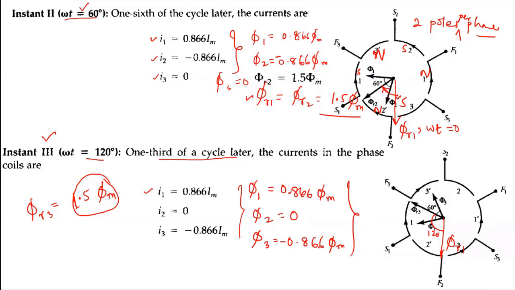Okay. So therefore, if I find the time required by this flux to move, right? If your capital T is the time period of the current waveform, that means T is 1 by f, then I can write the time period of the rotating flux.